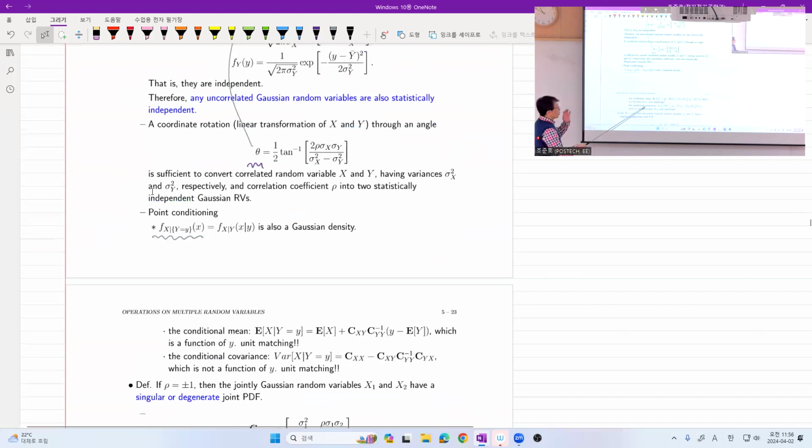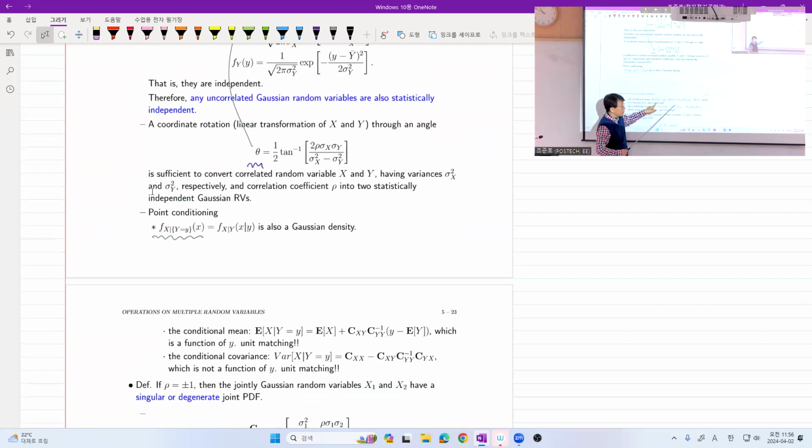What about the conditional mean? Here goes the shocking part. See that? Conditional expectation of x given y equals expectation of x plus something. Keep track of the units of the left-hand side and right-hand side. What is the unit of the left-hand side? Unit of x, right?